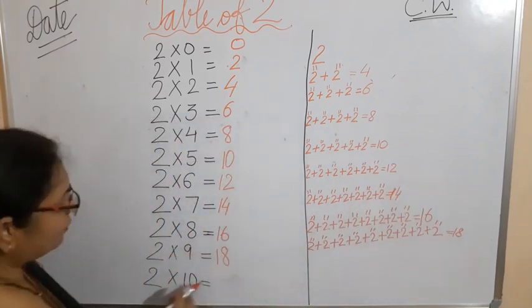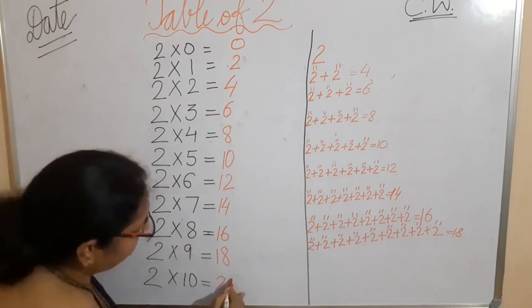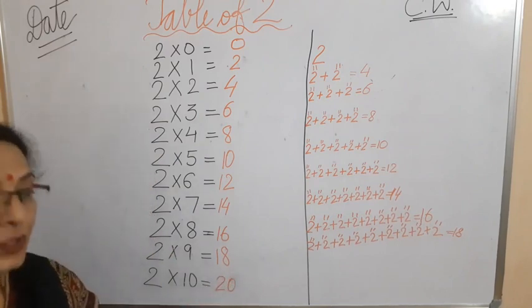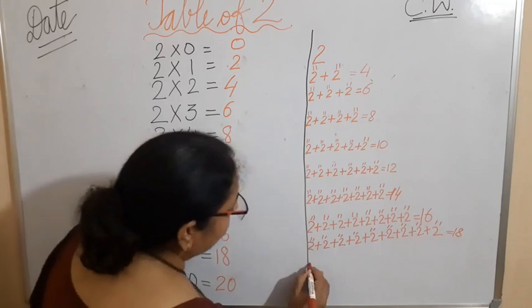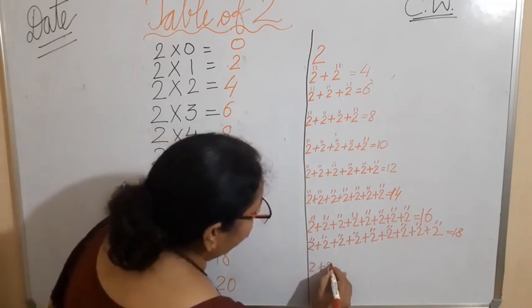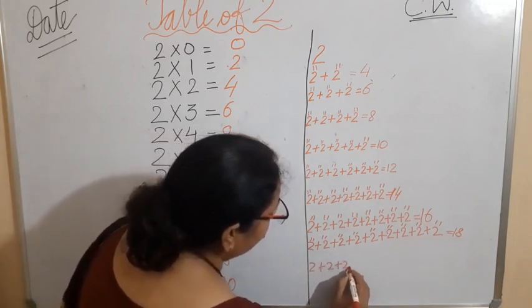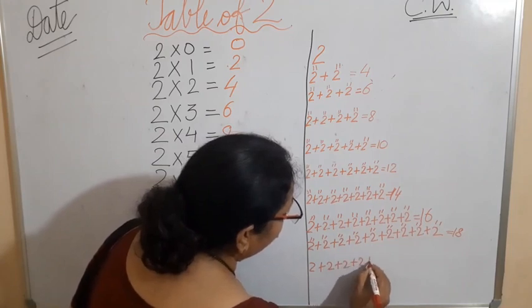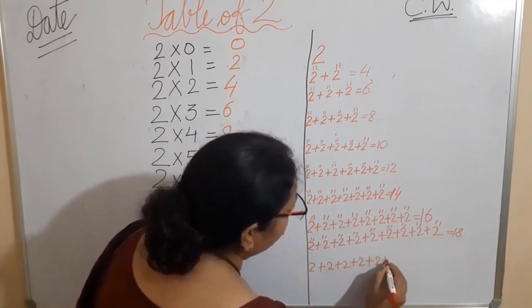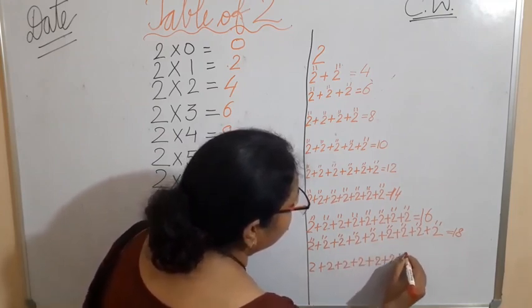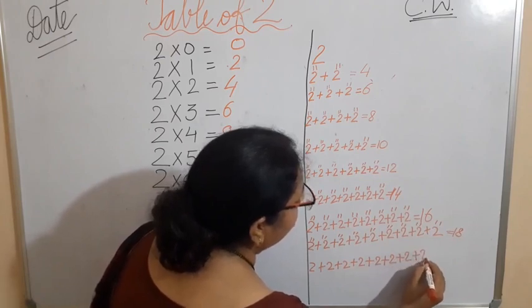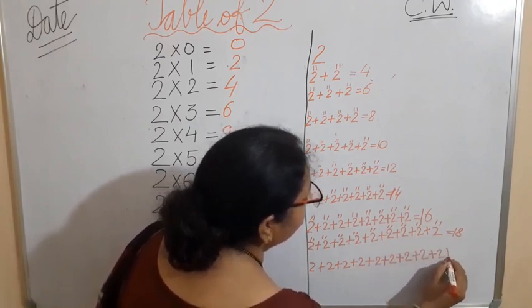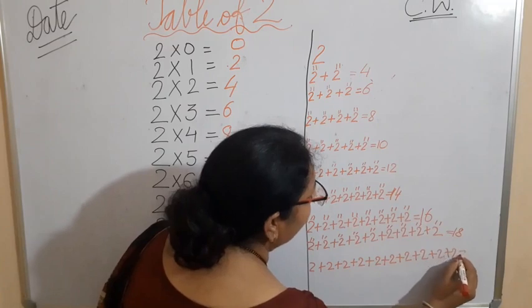And similarly, 2 10s are 20. And count it the same way: 1, 2, 3, 4, 5, 6, 7, 8, 9 and 10.